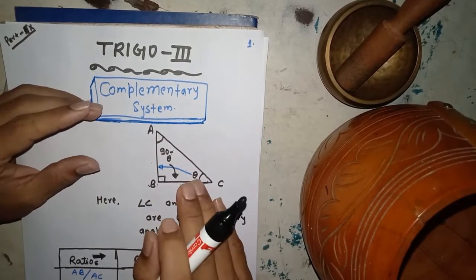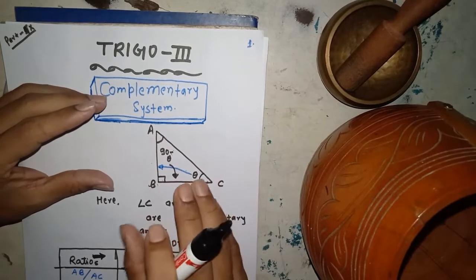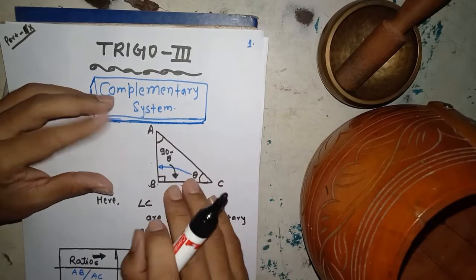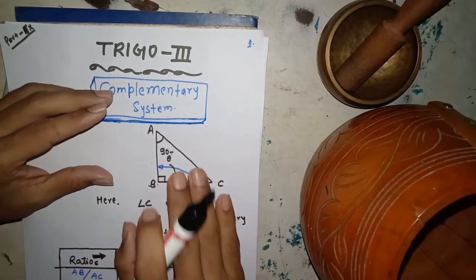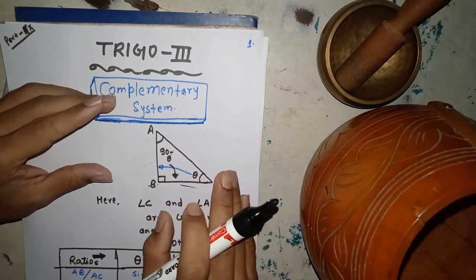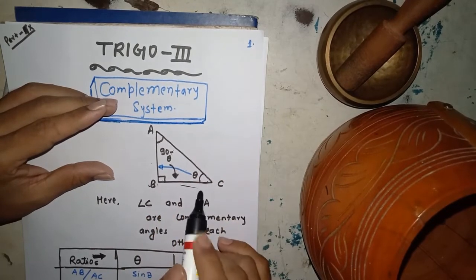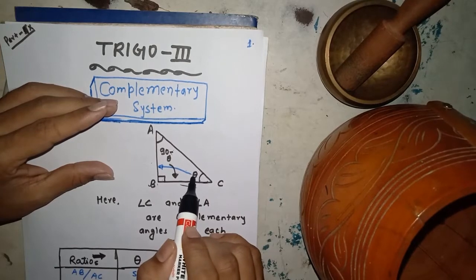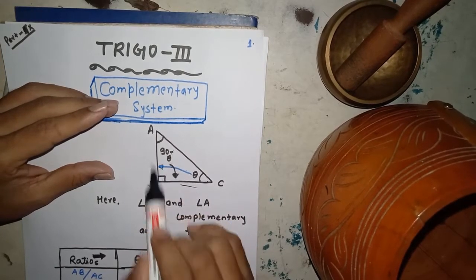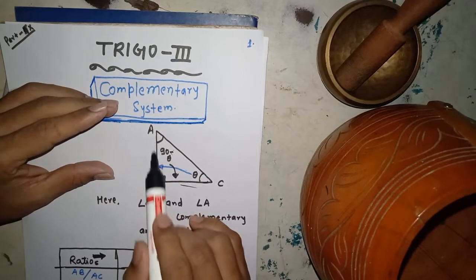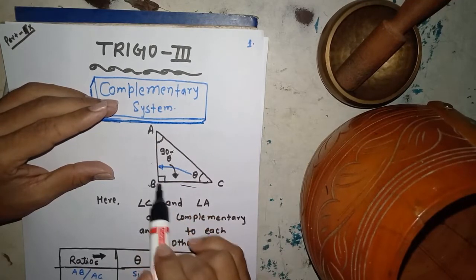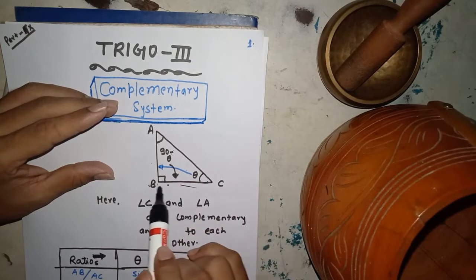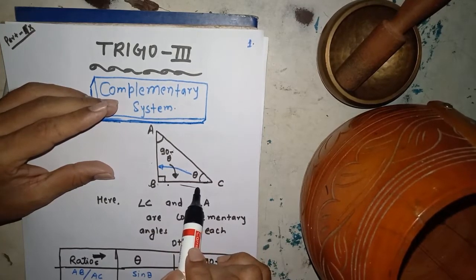So I have already told you that if I change the perspective, or you can say angle, then our perpendicular and base must be changed. So here, if I take theta for our consideration, then AB must be perpendicular, as you already know, and BC, on which you stand, must be your base.